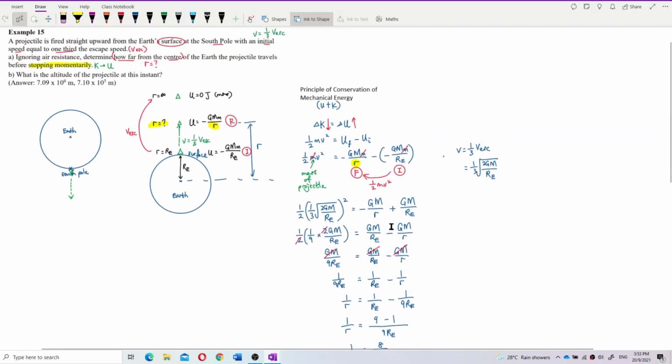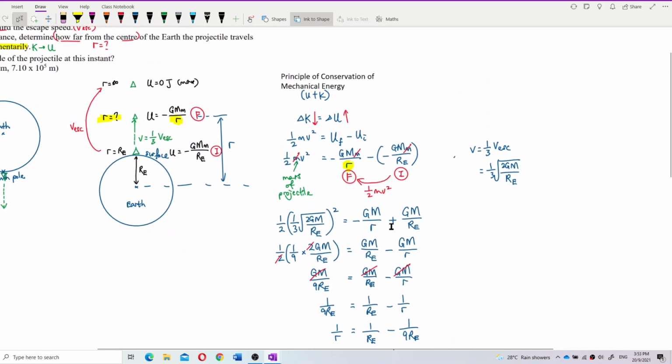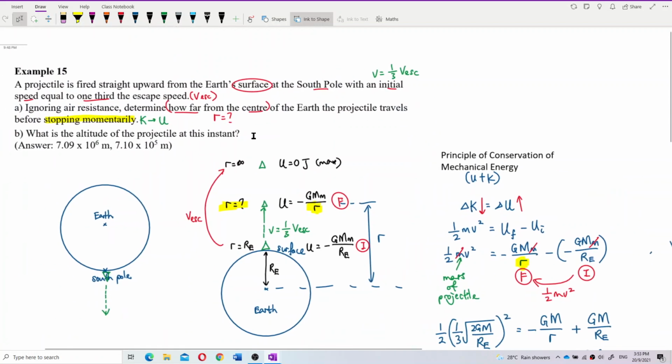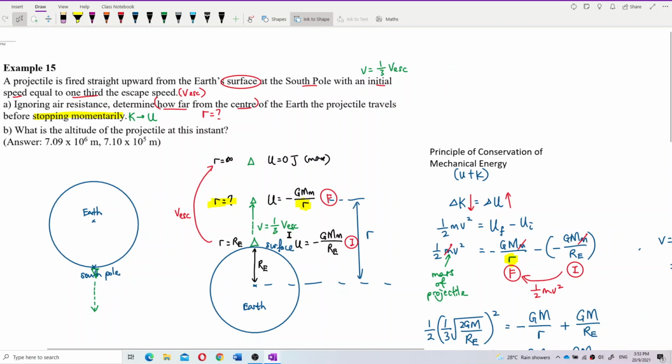Basically how I do this question is I just use the principle of conservation of mechanical energy. That means from this position, as projected with the speed 1/3 of the escape speed, from the potential energy with radius of Earth, it will go to the potential energy with radius r.